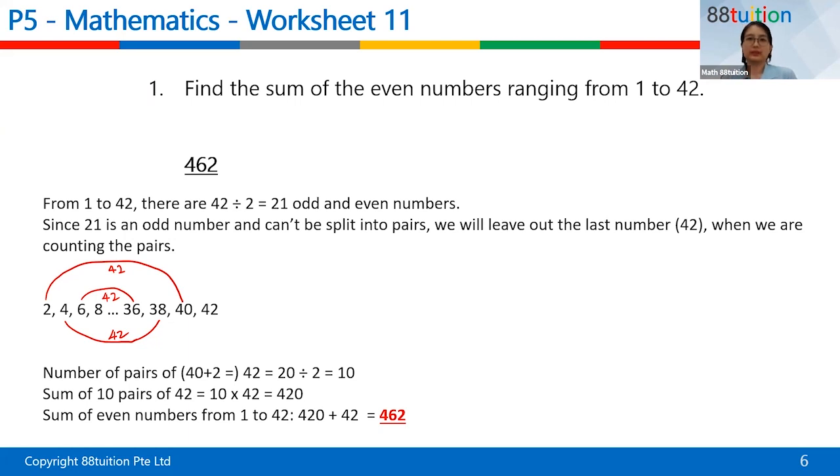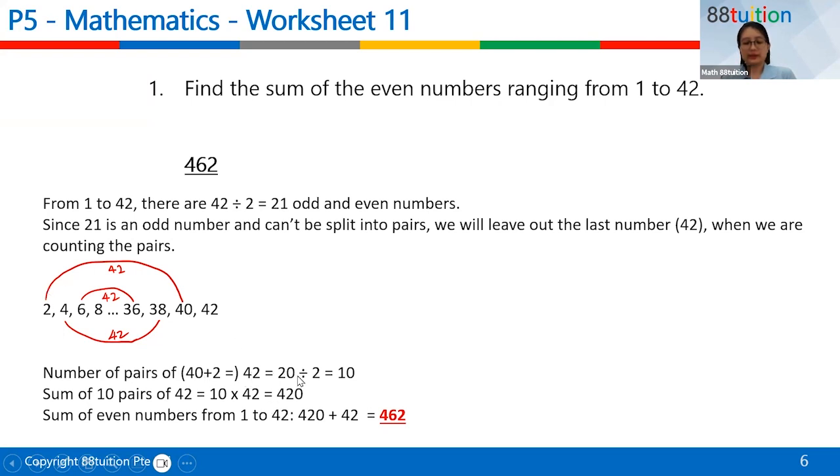Next. Same thing, but the difference is this is an odd number, so they skip: 2, 4, 6, 8, 10, something like that. Because we know there is one extra number, and we leave out this one, technically there are 20 numbers. The number of pairs of 42: just now we counted 40 plus 2 is 42.